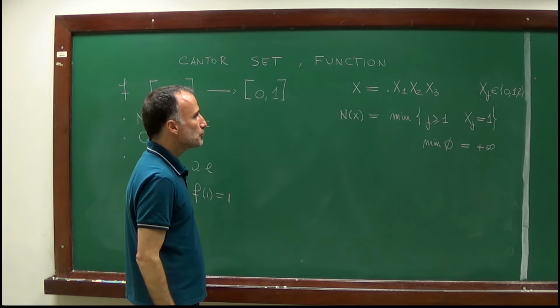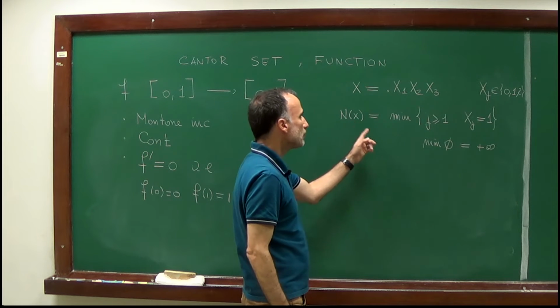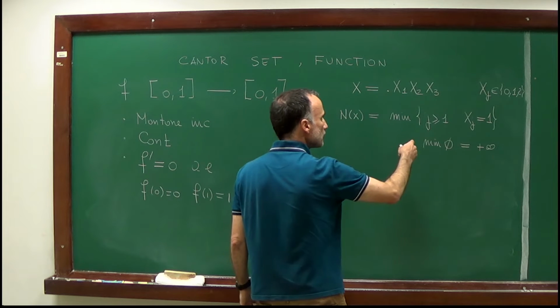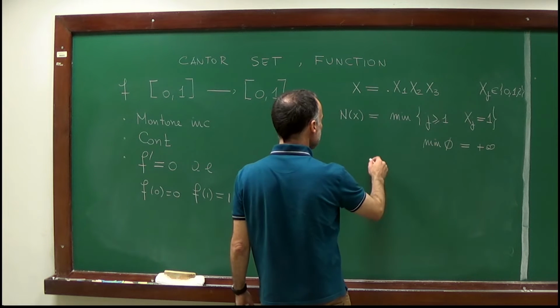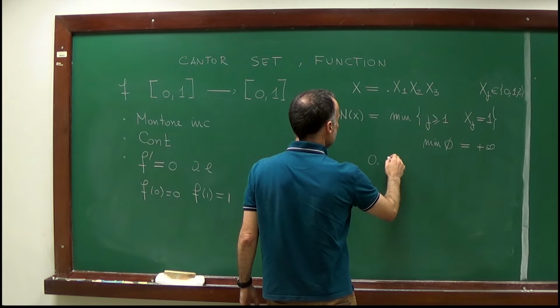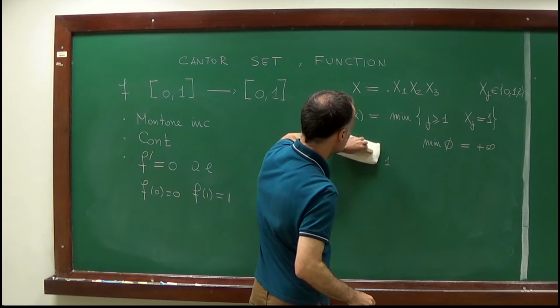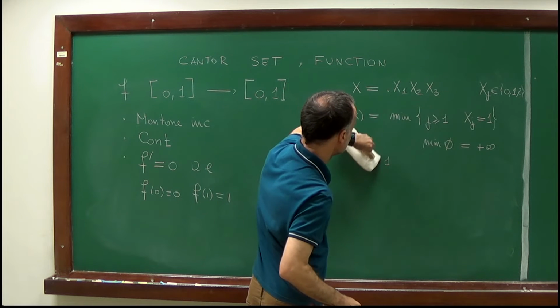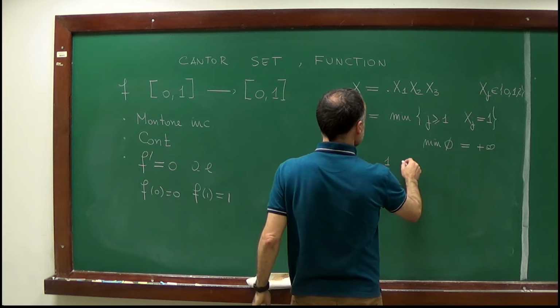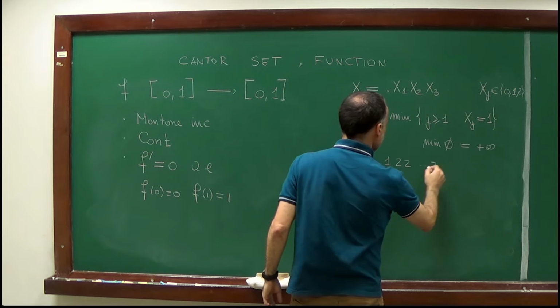And here I have to be careful because nx is not really well defined, because the same point can have two representations. So remember that a point, say 1, 2, 2, and so on.